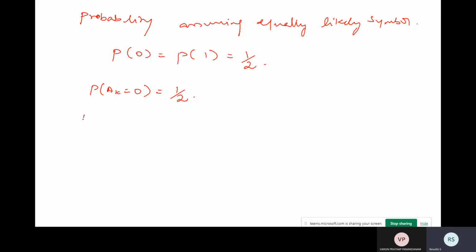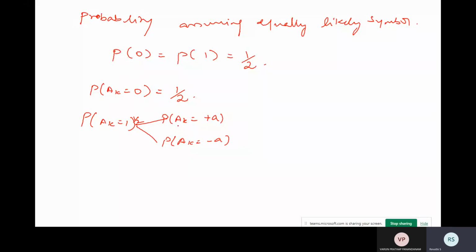Okay, so this probability of AK equal to 1 can be of two types, either probability of AK equal to plus A, or probability of AK equal to minus A. So the probability of generating AK equal to 1, symbol 1, that is binary 1, is 1 by 2 only.